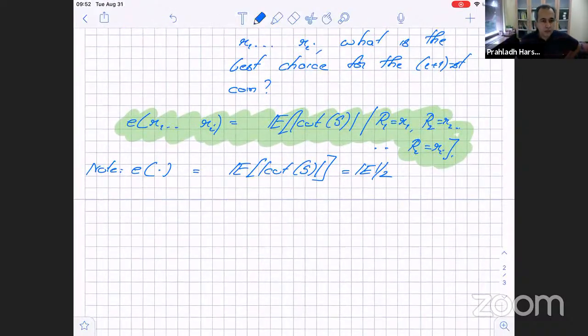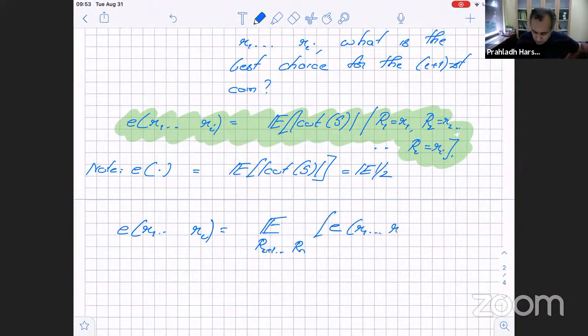Okay. And also let's notice what E(R1, ..., Ri) is. By definition, this is just the expected value over Ri plus 1 all the way up to Rn of the cut given R1 to Ri.